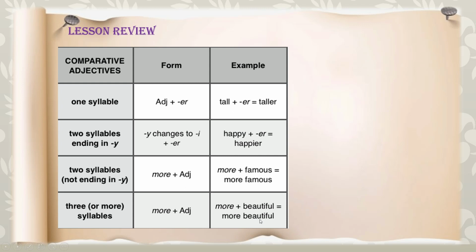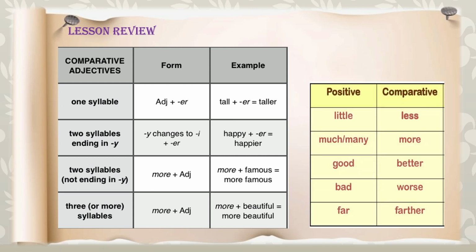And there are some irregular adjectives that you might notice. The word little becomes less when we change it to the comparative. Much or many becomes more. Good becomes better. Bad becomes worse. And far becomes further. This is what you have to remember for the irregular adjectives.